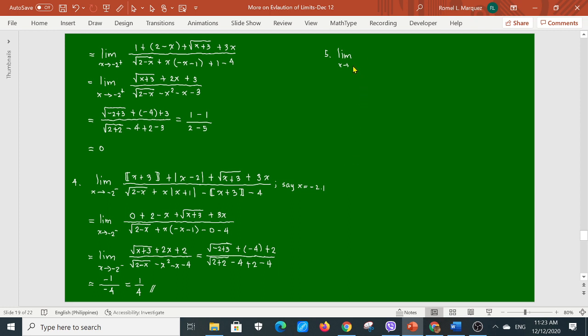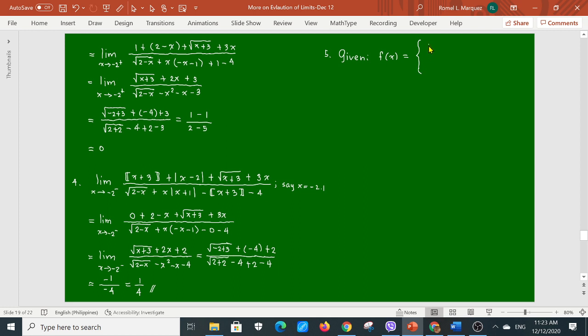As x approaches, wait a minute. So we're given a function. Given f of x, and f of x happens to be a piecewise function.